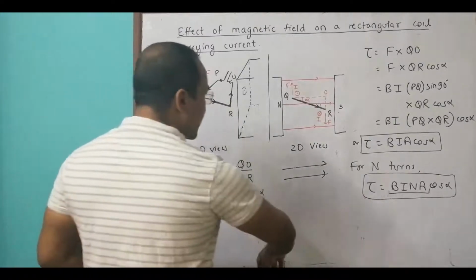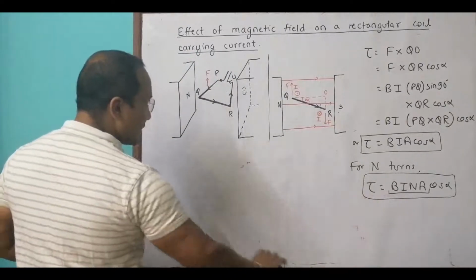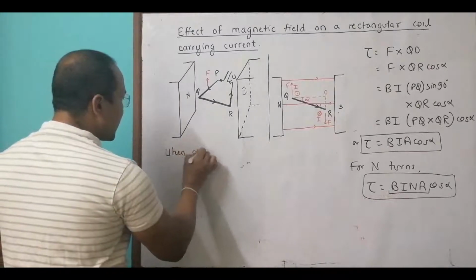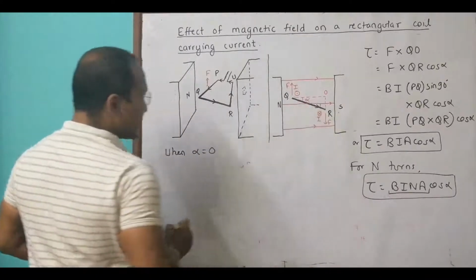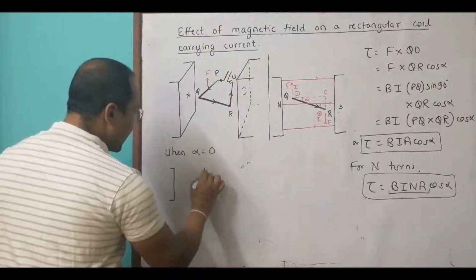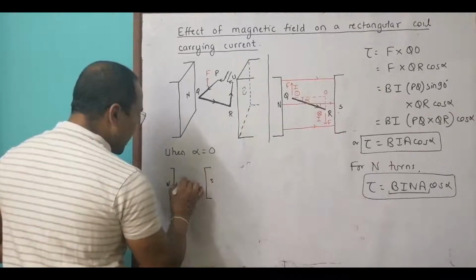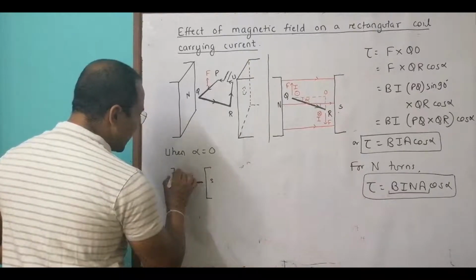Now, since there is cos alpha, it depends on the angle. When alpha is equal to 0, that means this angle is 0. At that time, the position of the coil is like this. This is the magnet, and the coil is like this. So PQR should be exactly like this, and these should be the field lines.